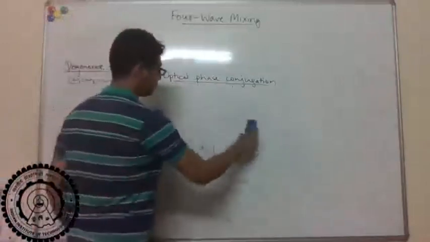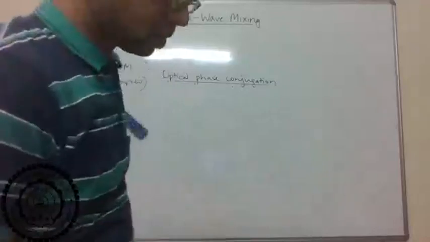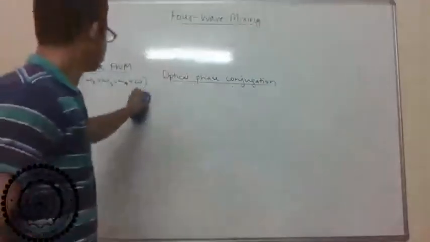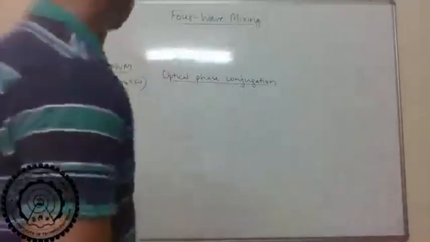So, what will be the material composition of this phase conjugation mirror? Material composition, like material property of this PCM. Yeah, so we'll see how. It's not just a material on its own, right?